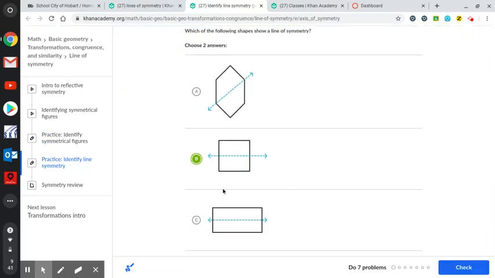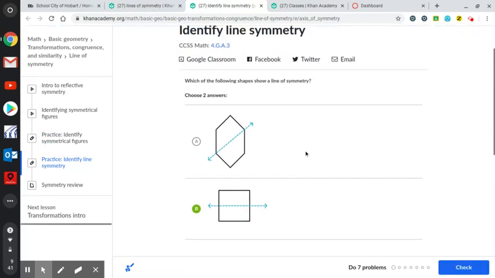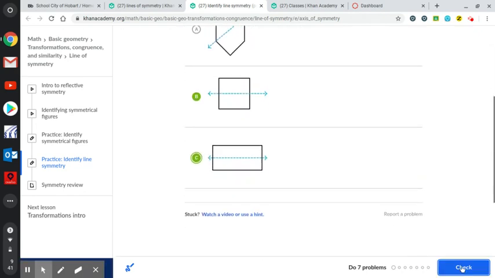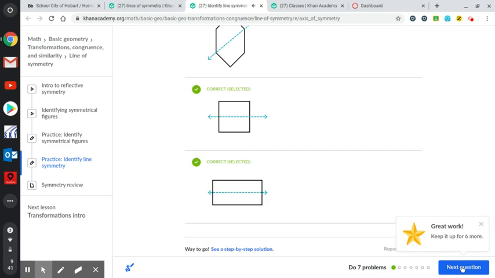So I'm going to pick B and I'm going to pick C because it says choose 2 answers. And then I'm going to see if I'm correct. So imagine that blue line is invisible on your shape and that's where you're going to fold it. And if your 2 pieces match, then that is a line of symmetry.